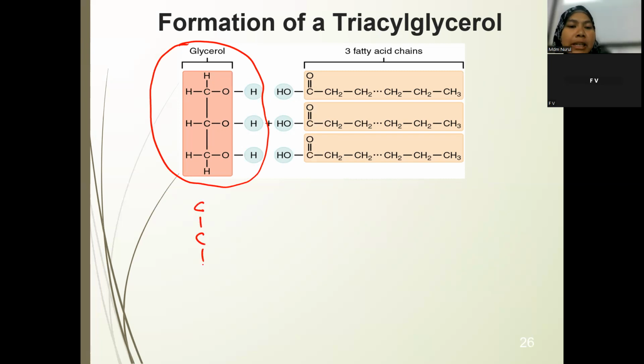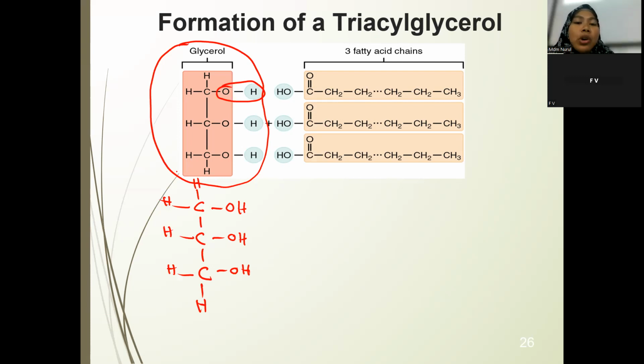C3. Lepas tu yang ini ni sebenarnya OH. This is hydroxyl group. Dia sebenarnya macam ni. OH, OH, OH. Yang lain semua H. This is actually glycerol. So the whole thing over here is glycerol.